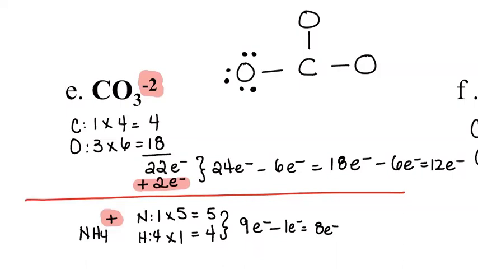What about the oxygen on the top of carbon? How many dots does it get? Great. Also 6. 2, 4, 6. Because with the 2 electrons that it's sharing with carbon, it's an octet, minus 6 electrons.